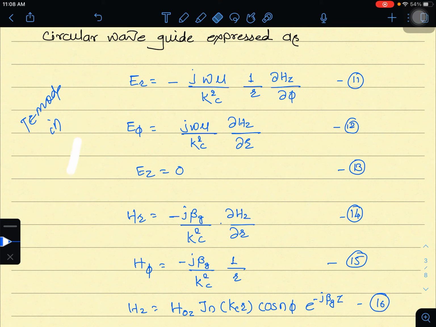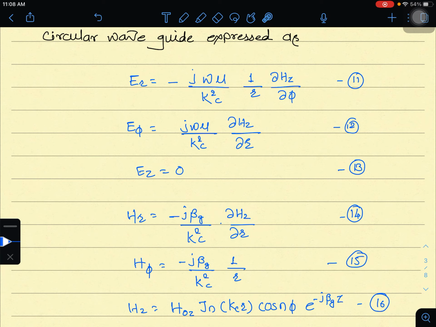So just look at these equations. In that Er equation, Er is equal to minus jωμ divided by k²c into 1 by r ∂Hz/∂φ, and we know the value of k²c.